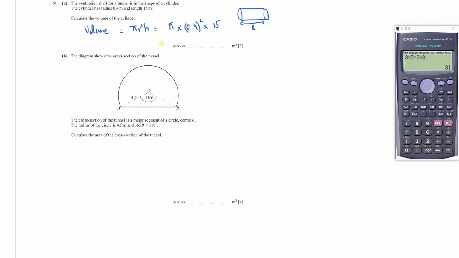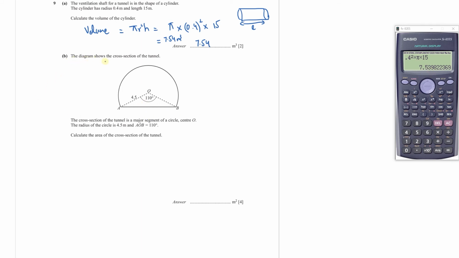This is 15. So this will be 0.4 square multiplied by pi multiplied by 15. To three significant figures, this will be 7.54, sorry, 7.54 meter cube. Remember, you always have to write non-exact answers up to three significant figures. If you're measuring angles, then you write them up to one decimal place.